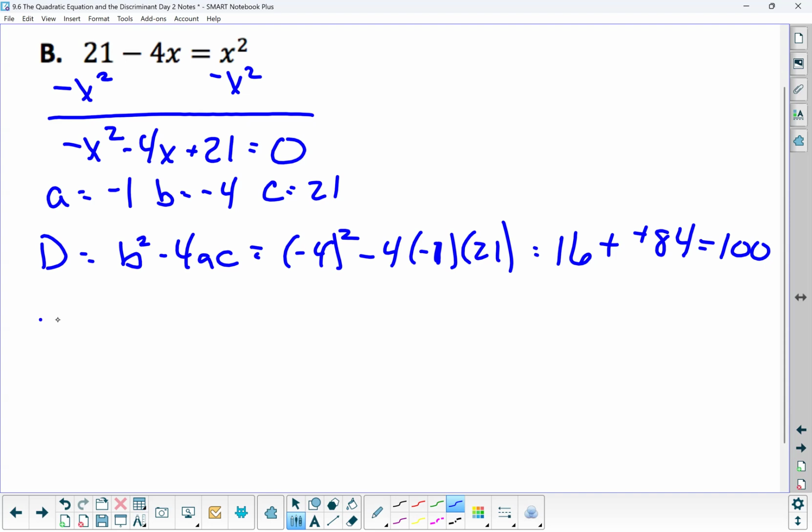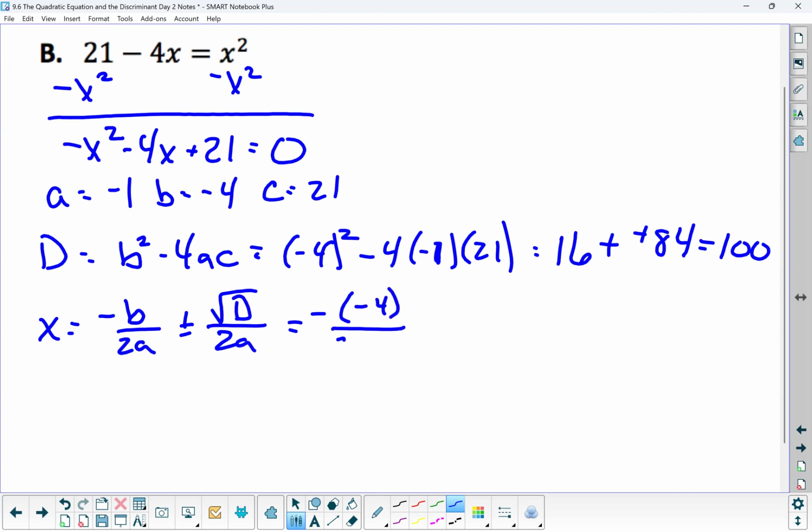To find my solutions, I take and plug into the quadratic formula. That's where we get the opposite of b over 2a, plus or minus the square root of the discriminant over 2a. So we get the opposite of -4 over 2 times -1, plus or minus the square root of 100 over 2 times -1.